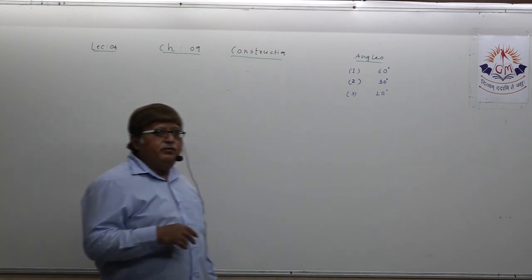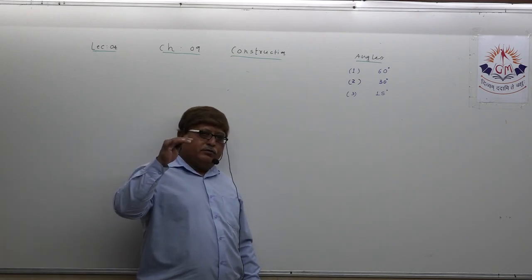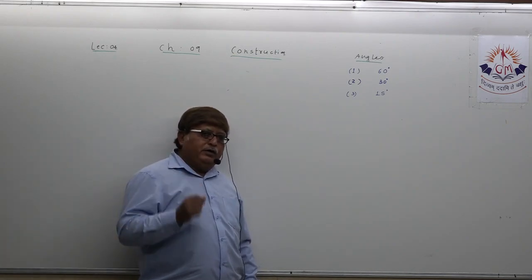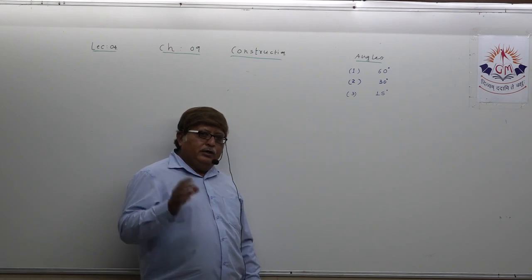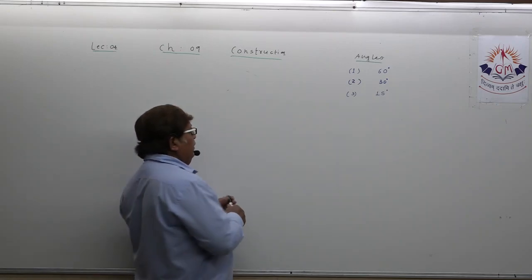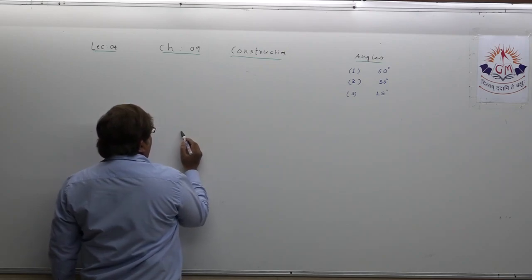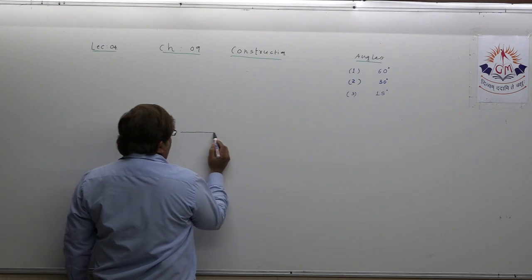So twice we have to bisect. First we have to bisect 60 to get an angle of 30 degrees, then the angle of 30 degrees is to be bisected to get an angle of 15 degrees. So what we have to do first? First you draw with me ray BC.